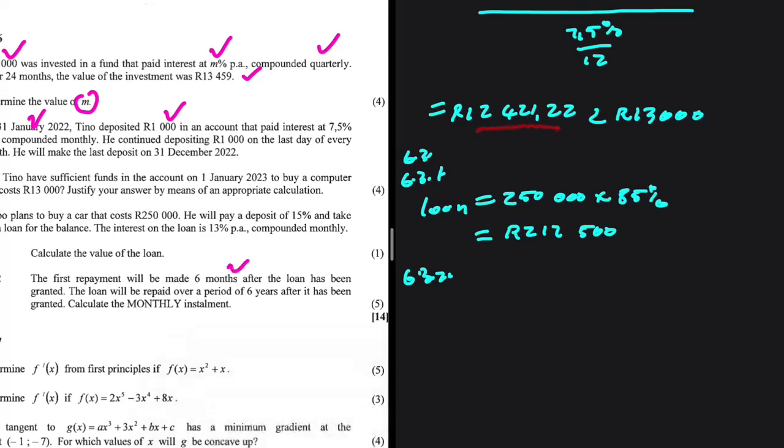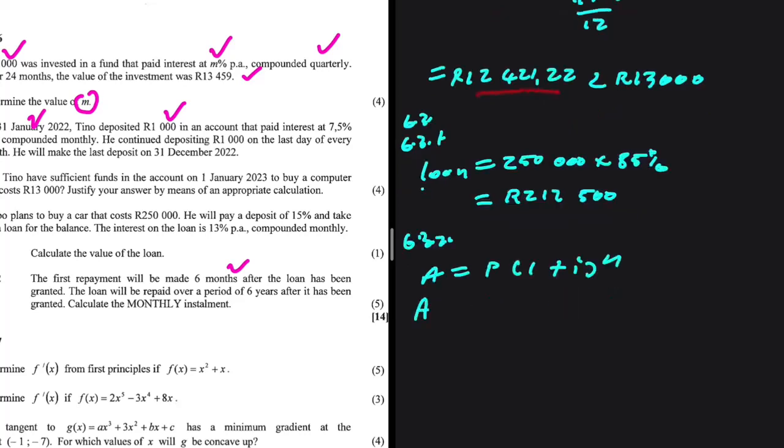So during those 6 months, the 5 months after the first month of taking the loan was accumulating interest. We are only considering the 5 months because in the month you take the loan, it is not going to accumulate any interest. So we're going to have A equal to P(1 plus i) to the power n.